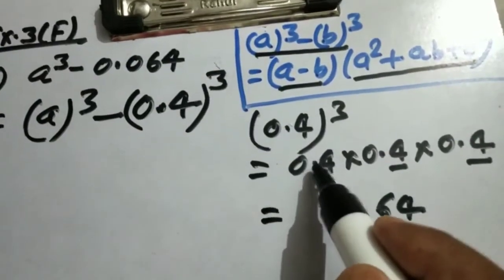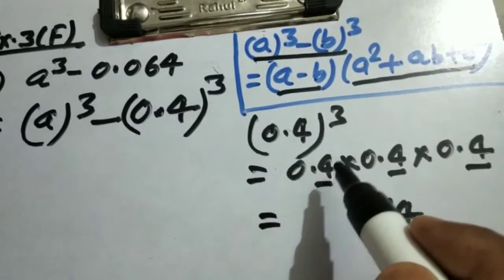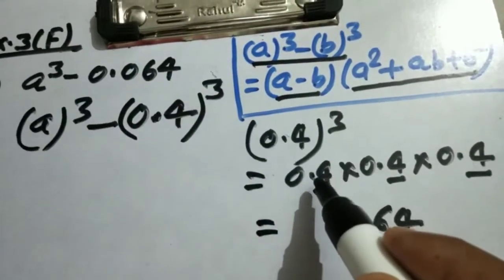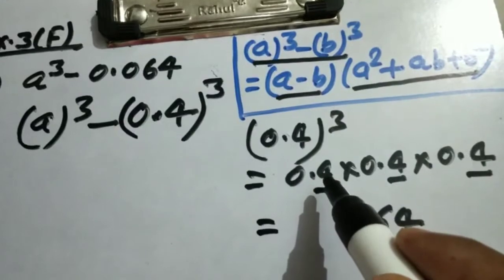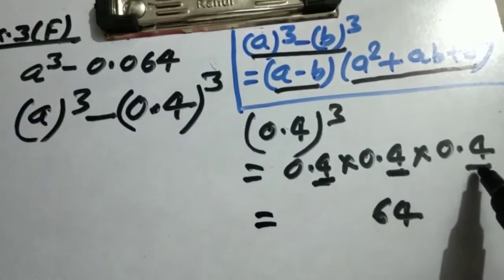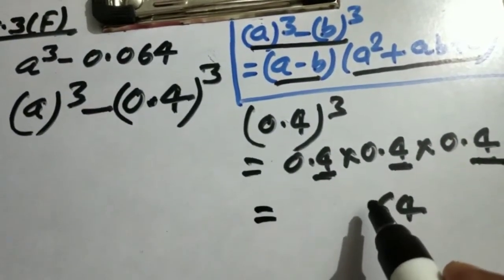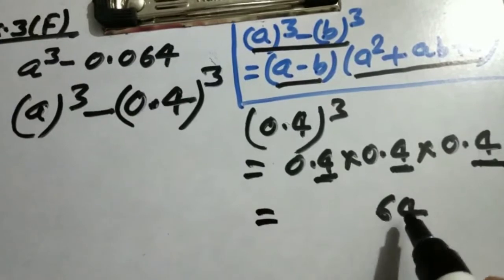Now count the number of decimal places, that is, the number of digits after the decimal. 1 digit is here, 2 digits, and this is 3 digits. So you have to put the decimal after 3 digits.